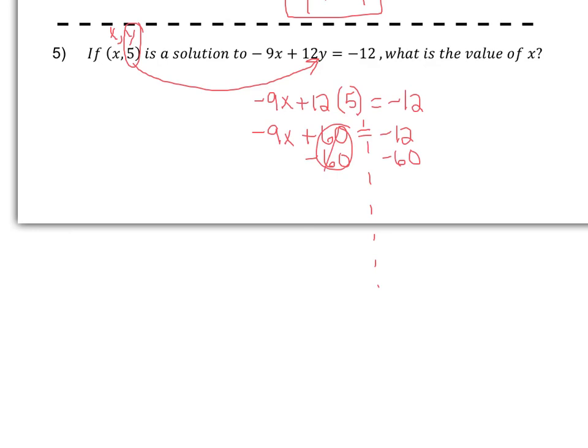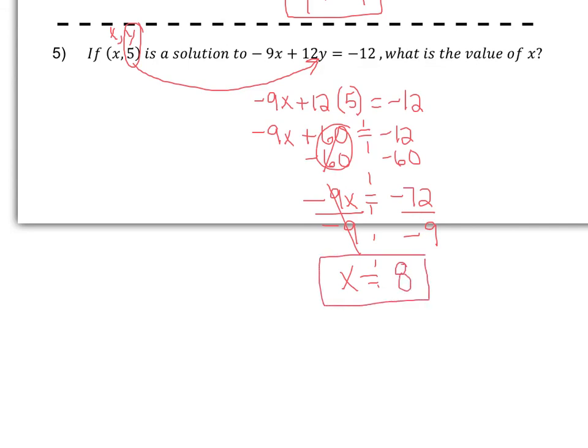This gives us a 0 pair, so we have negative 9x equals negative 12 minus 60, which is negative 72. Divide both sides by negative 9. Gives you 1 here, so x equals negative divided by negative, which is positive. 72 divided by 9 is 8. So this is our value for x.